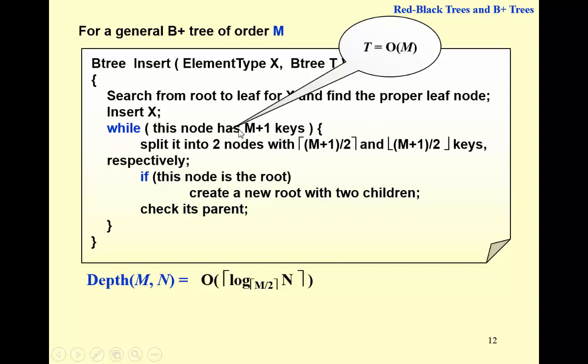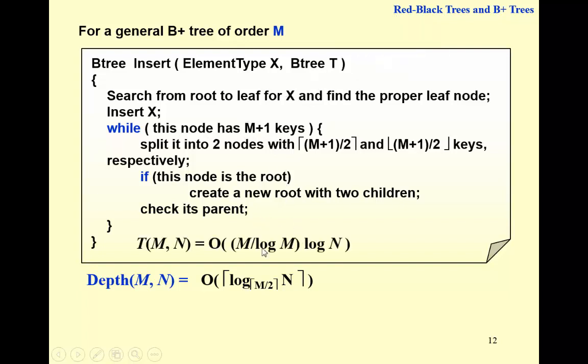And therefore, in the worst case, we're going to have to make splitting from bottom up, from the leaf node to the root. And every time it requires big O of m time to make the insertion and check whether or not this node has an overflow. So the total time will be m times the depth, where the depth is log n over log m.